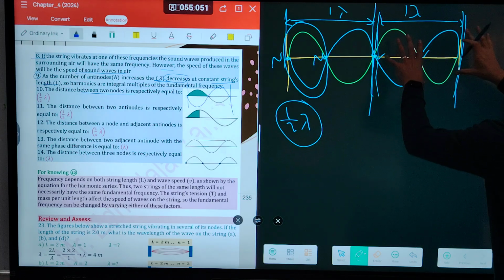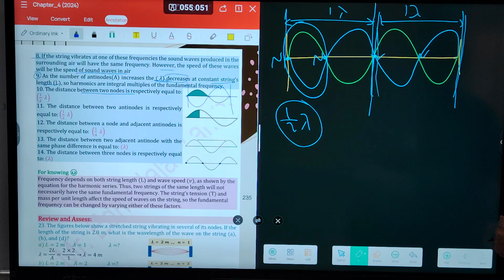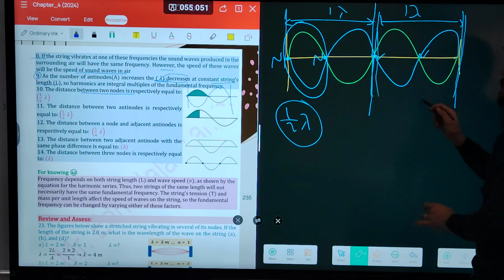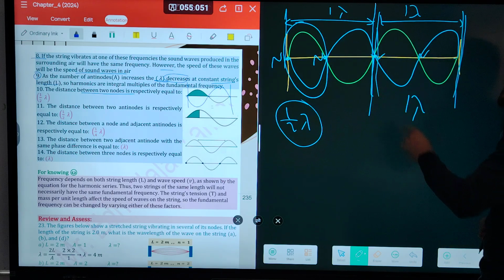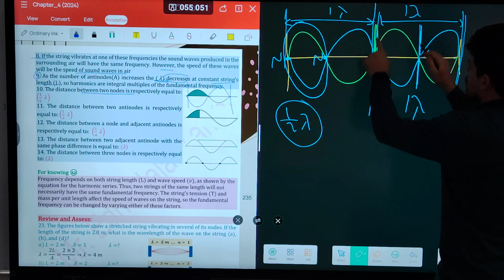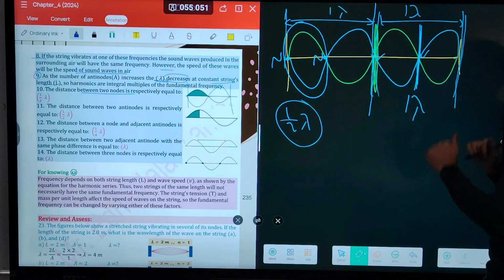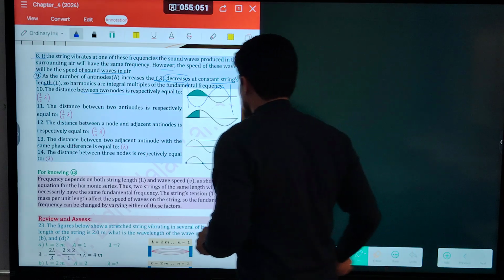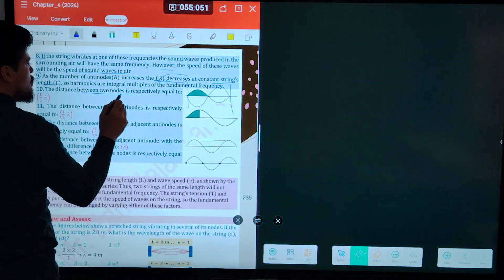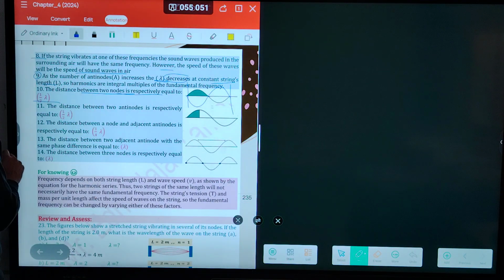How many circles do we have? We have two circles. The distance between three nodes is equal to one wavelength? Yes. What about the distance between two nodes? We have one circle. One circle corresponds to half a wavelength. Distance between two nodes, respectively, is equal to half a wavelength.